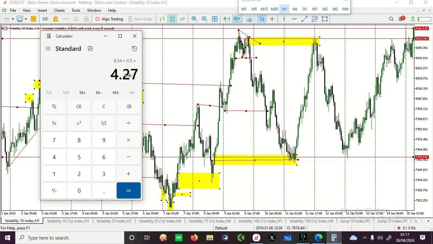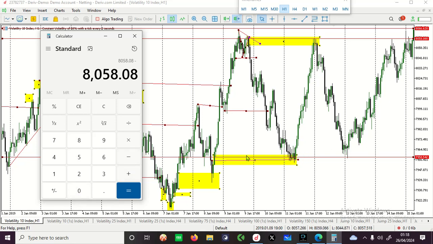Then what will be your TP value? The TP value right now will be the entry value minus the TP value. It will give you the actual amount that you will profit from this trade. So the entry value is A058.080, minus your TP value.